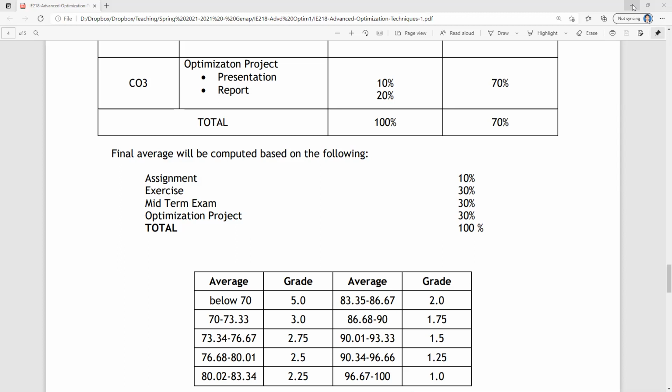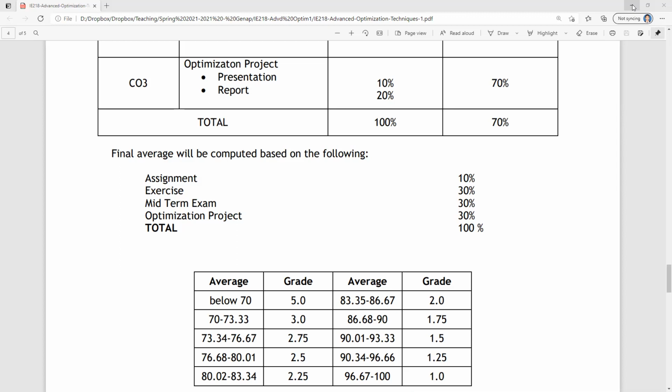Those points can also be your guidelines for completing your optimization projects. Okay. Next, from that one, you may also reflect, okay, this kind of thing I will do.